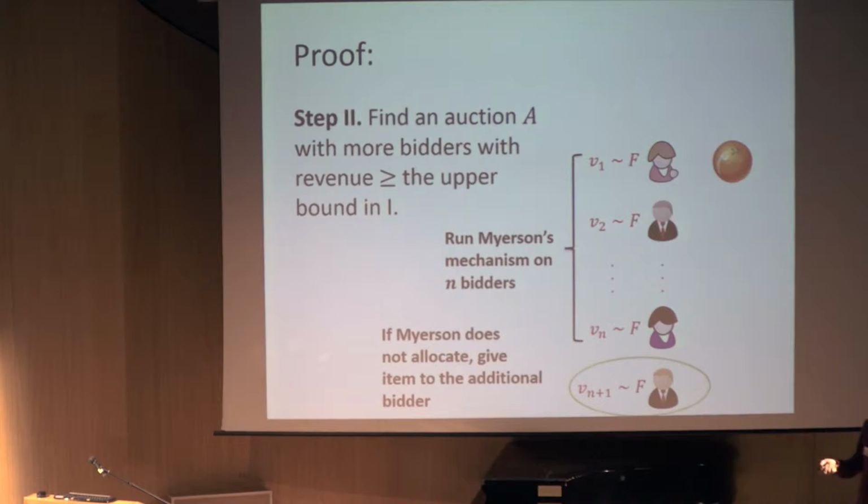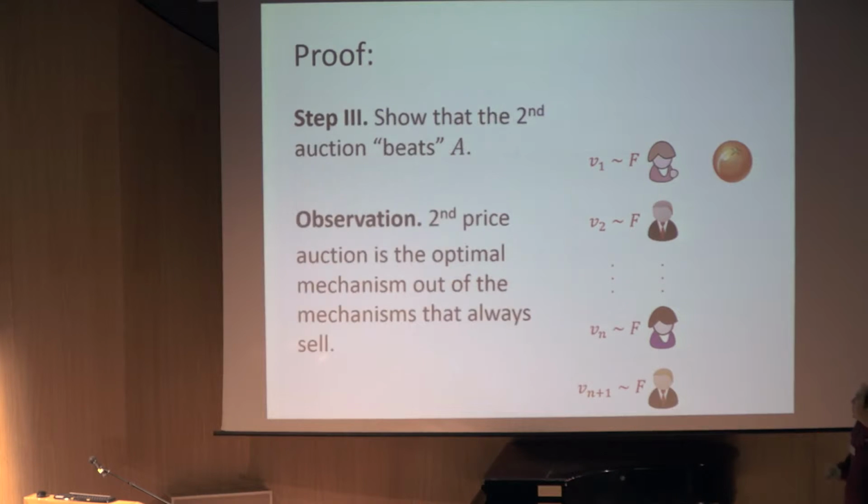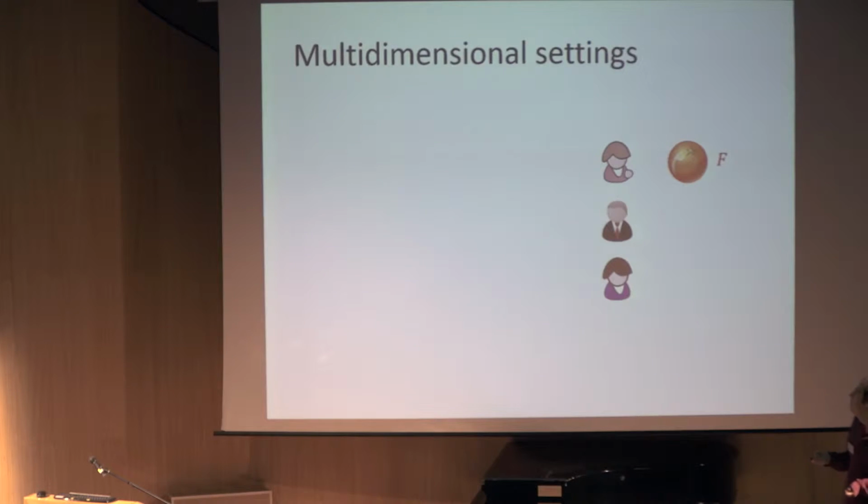So it's clear that it makes as much revenue as Myerson, because we specifically run Myerson's auction. And step 3 is due to a simple observation that is a result of Myerson's work, that the second price auction is the optimal auction out of all auctions that always allocate the item, because we want to maximize the virtual welfare, and the virtual welfare corresponds to the highest value. So this is the whole proof.